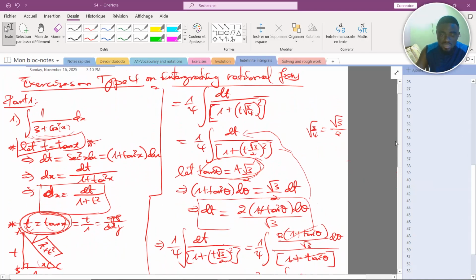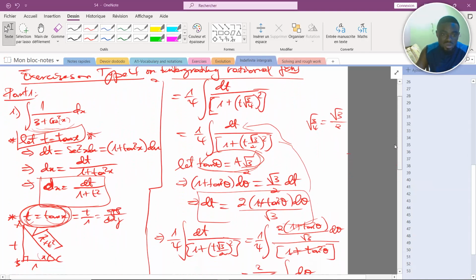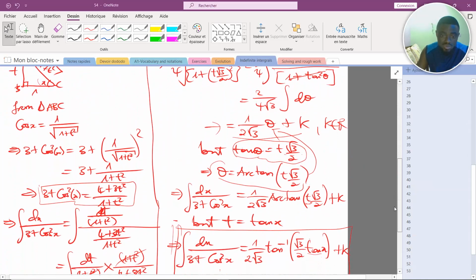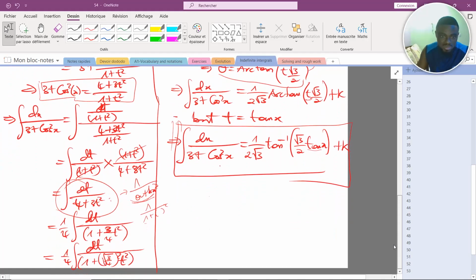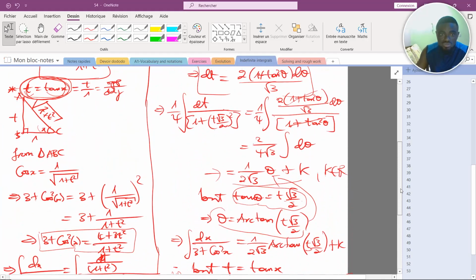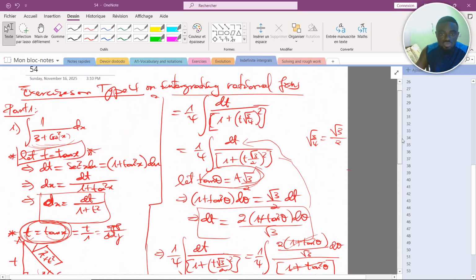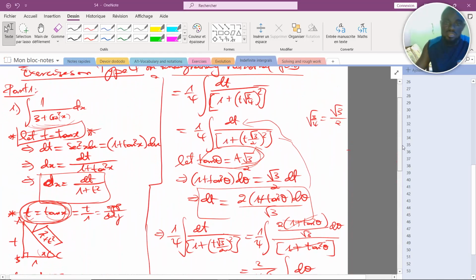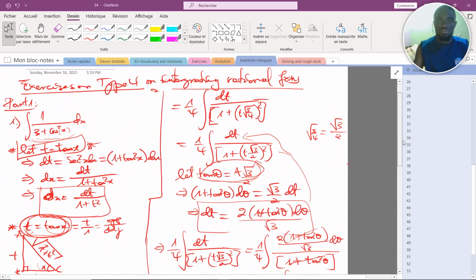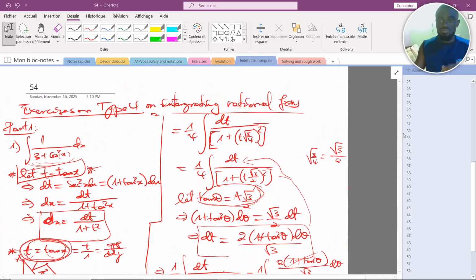Yes, in the textbook it was not very well explained. They jumped a lot of steps, so try to go through the video and master how this exercise was done. So let's go to the next exercise.